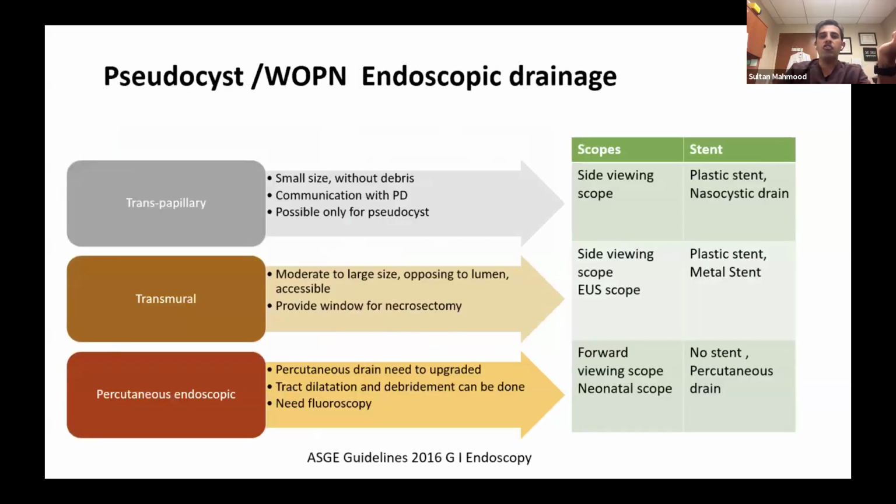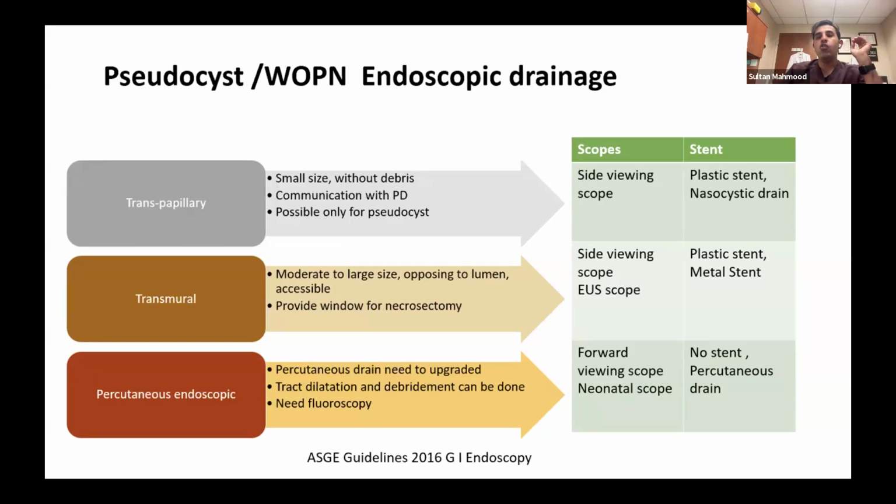For endoscopic drainage, there are a few options available. Transpapillary drainage can be performed if it's a really small collection communicating with the pancreatic duct. You can go transpapillary, put a double pigtail stent into that collection and drain it into the duodenum. But the most common way that we manage them now is transmural drainage. We have a newer stent called the Axios stent, which is a dumbbell-shaped stent that we can place into the collection.